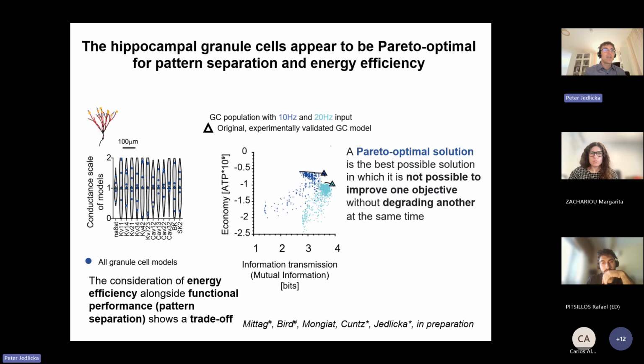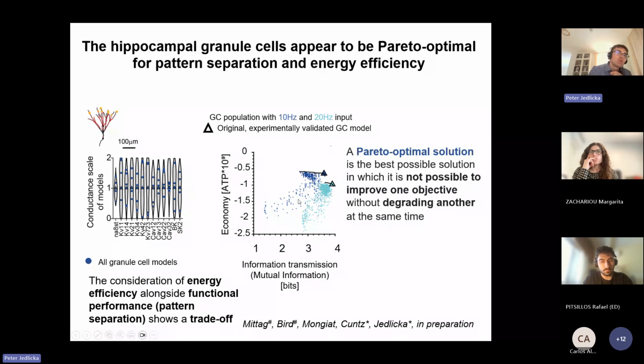And the interesting thing is that if you generate a population of models and they all can replicate somatic firing, they are not all equally optimal for the combination of these two objectives, right? So you see here a line, which we call the Pareto front.